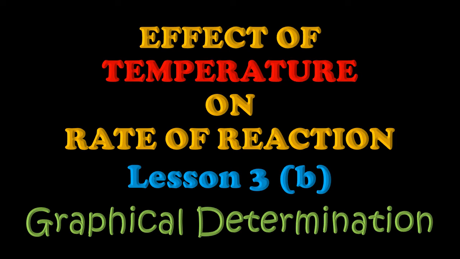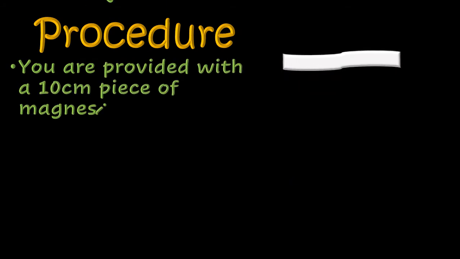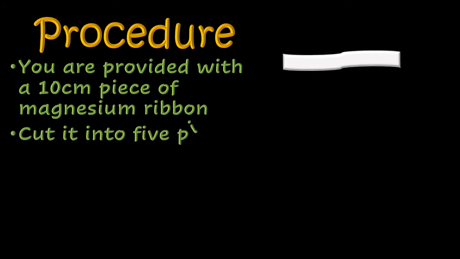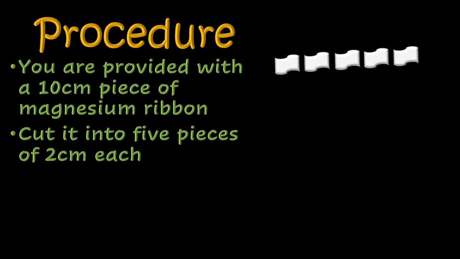We will look at a typical practical where we are going to react magnesium ribbon with hydrochloric acid. Typically, you might be provided with a length of magnesium ribbon, which you will be required to cut into equal pieces. So in this case, we're talking of 5 pieces of 2 centimeters each.